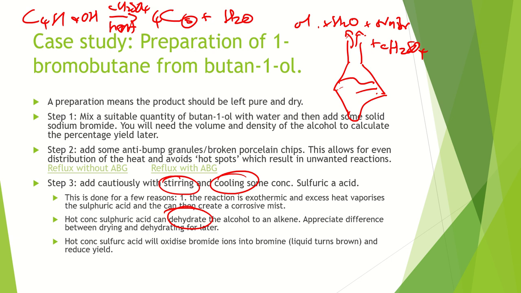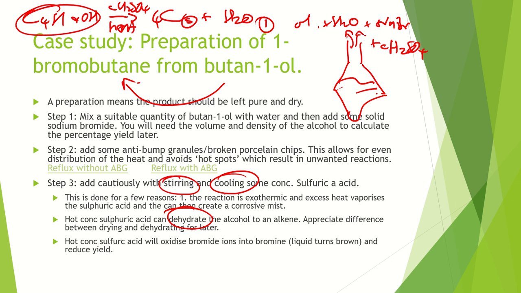It will dehydrate it. And dehydration means that you are actually removing the elements of water from the compound. So you can see hydrogen and oxygen have actually been ripped off that butan-1-ol there, and you've got a completely unwanted set of products in this particular reaction. You want your butan-1-ol to turn, through chemical reactions, into 1-bromobutane. Well, if it's dehydrated, that's impossible, and your percentage yield will end up being minimal.